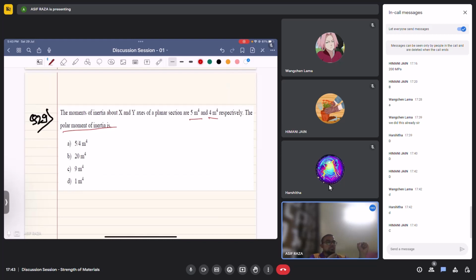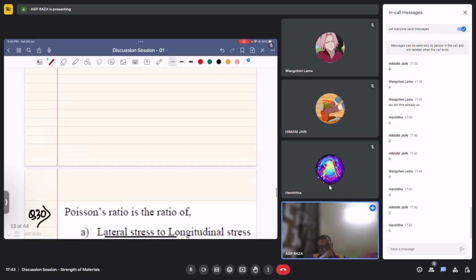Others, this will use the perpendicular axis theorem. I already solved a similar question previously, so I hope everyone can give the answer quickly. The answer is C only. So I O or I P, whatever it be, is equal to Ix plus Iy, and that is 5 plus 4, that will give me 9. Moving on to the next question.